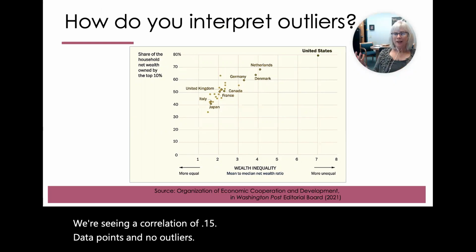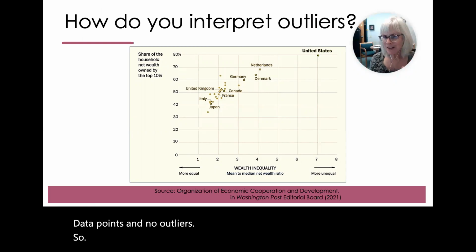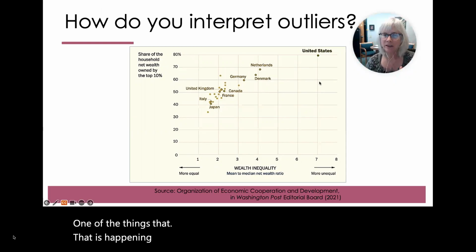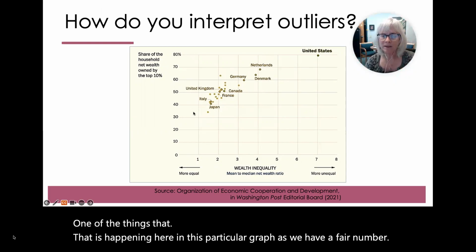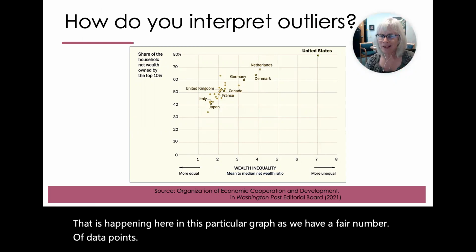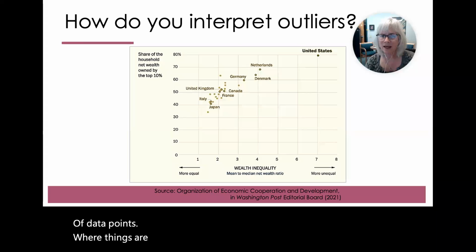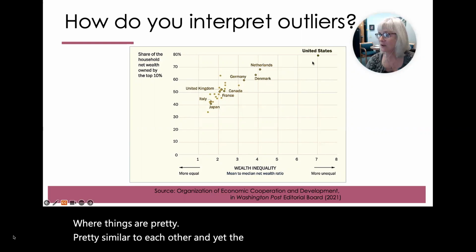So one of the things that is happening here in this particular graph is we have a fair number of data points where things are pretty similar to each other. And yet the United States is very different from the rest.